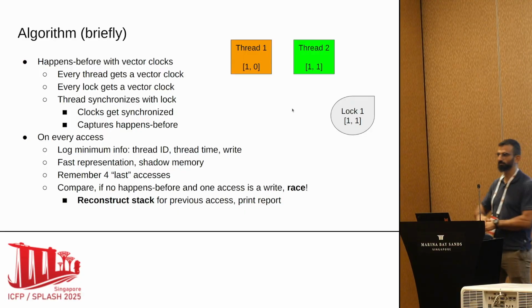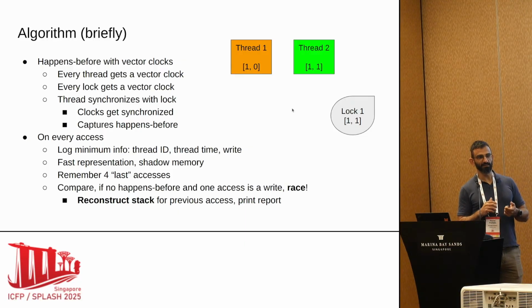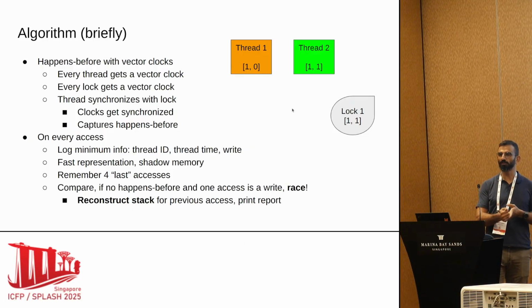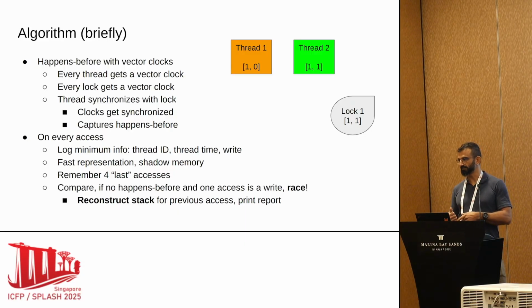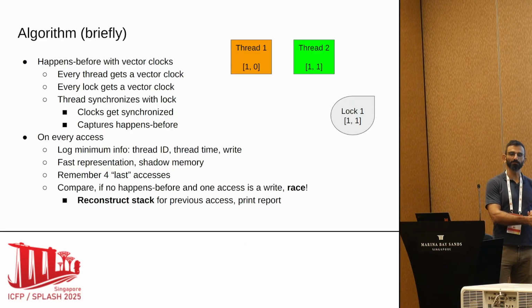You have the Java heap, so you map it on a very, very big chunk of memory that's going to store all these access logs. But then you don't have to map every memory location in the process, because in Java, the only thing that can be racy are field accesses, basically. Nothing on the stack can be shared.